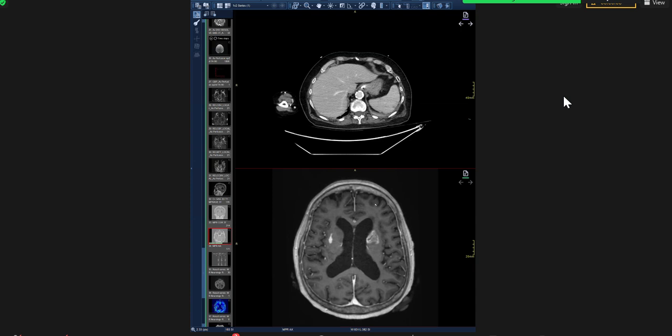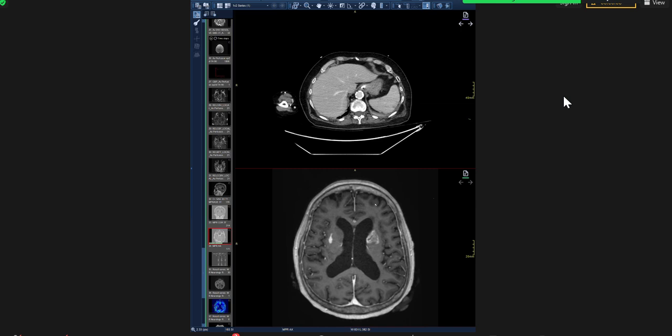As this is a diffuse process involving the bilateral kidney, spleen, an atherosclerotic process, next I would involve the IR team to look for revascularization therapeutic options.